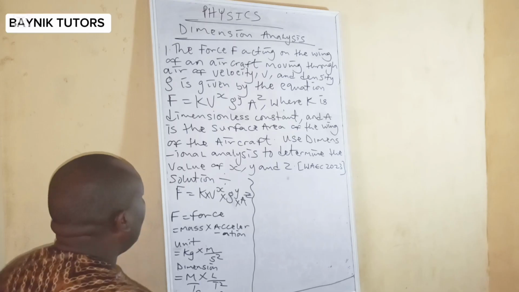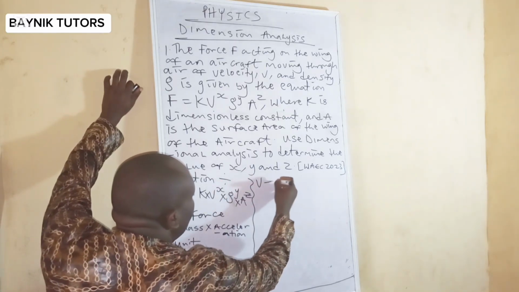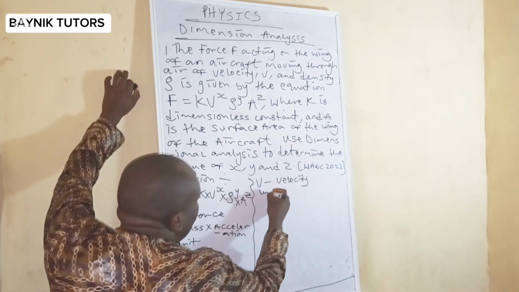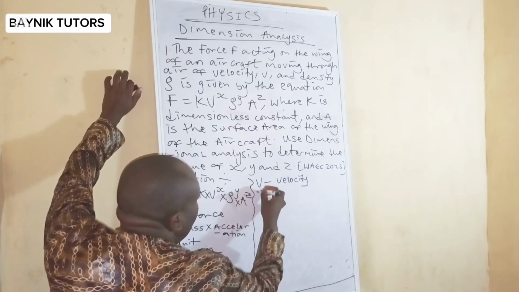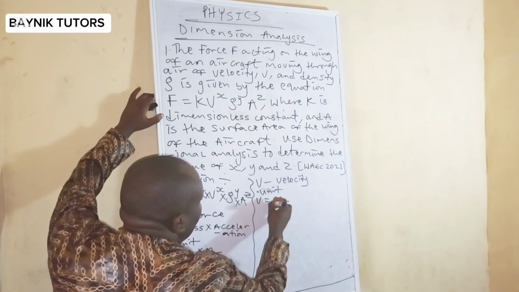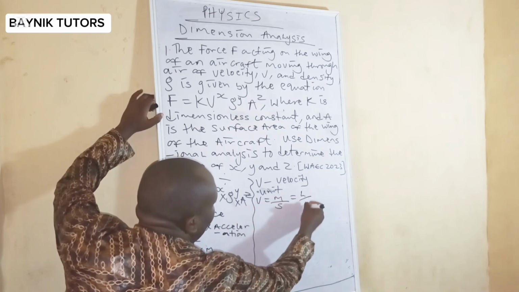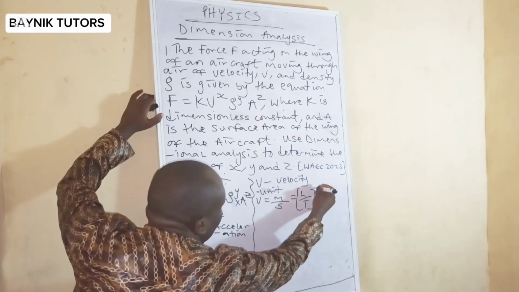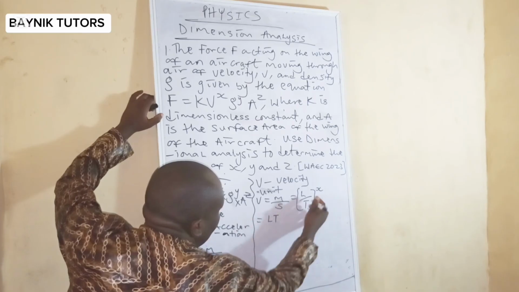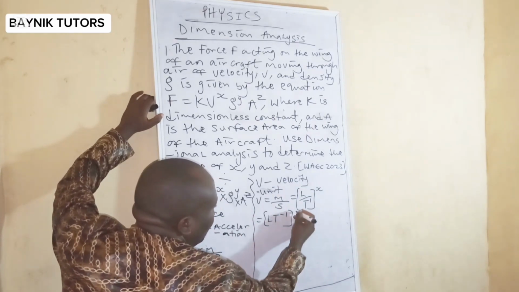So that's settled. I now move to my velocity v. The unit of velocity is meter per second. So under the dimension it is L over T, then raised to power x. This can also be written as L T to the power minus 1, since if I bring it up it becomes negative. So that's negative index of indices.